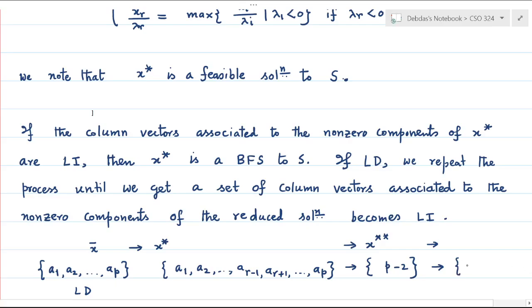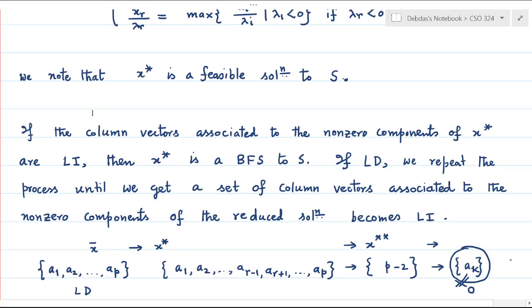Ultimately you will have reduced to at least one vector, a1, and this a1 is a non-zero vector, because the columns of capital A are non-zero. Instead of a1 it might be, let's suppose, ak. So in this set you have p vectors, in this set p minus 1, in this set p minus 2.